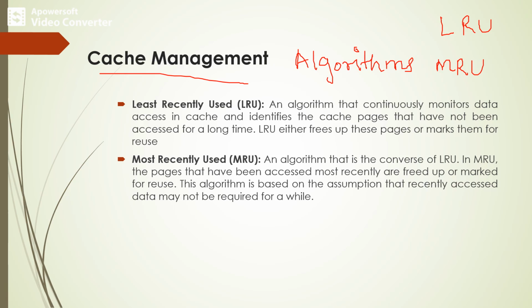So in the case of least recently used algorithm, that continuously monitors data access in cache and identifies the cache pages that have not been accessed for a longer time. So that means some set of pages within the cache are not recently used.